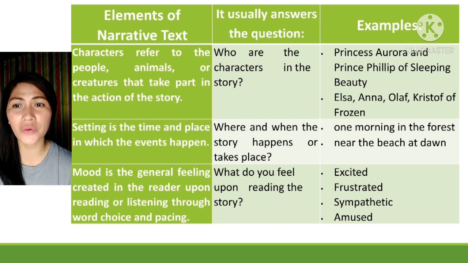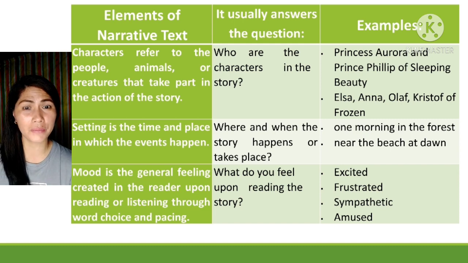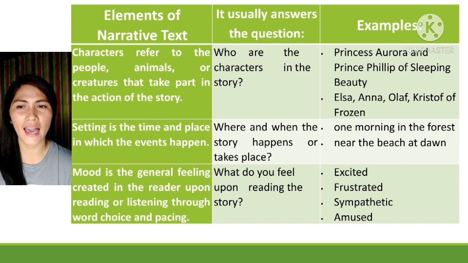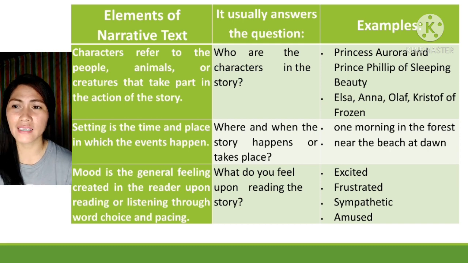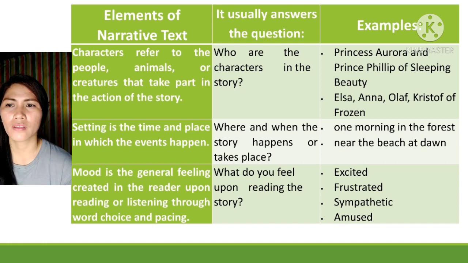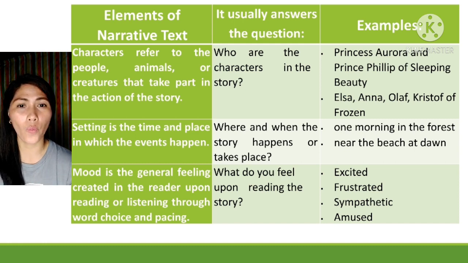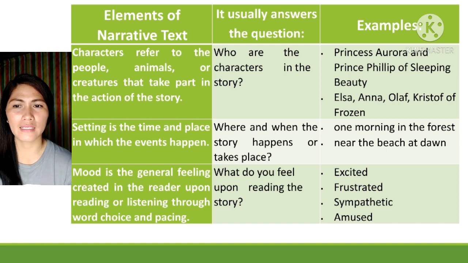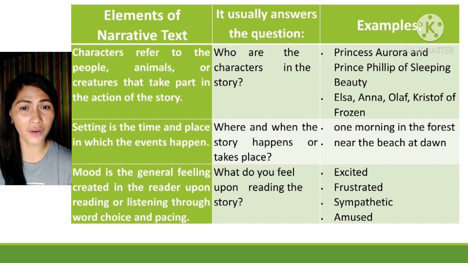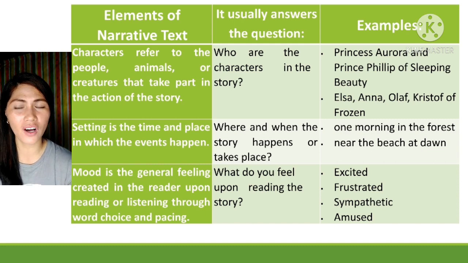Examples: Princess Aurora and Prince Philip of Sleeping Beauty, Elsa, Anna, Olaf, Kristoff of Frozen. The second element is setting. Setting is the time and place in which the events happen. It answers the question, where and when does the story take place? Examples: one morning in the forest, near the beach at dawn.